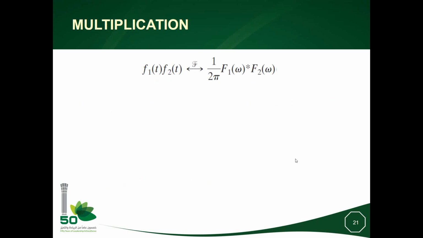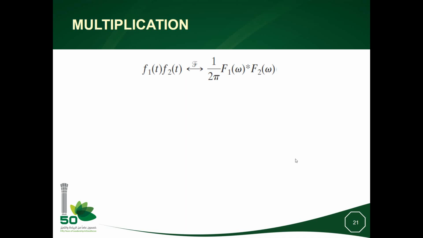We have seen in my previous videos that if I have a function in time, f1 convolution f2, its Fourier transform is the product of the two spectrums of F1 and F2.